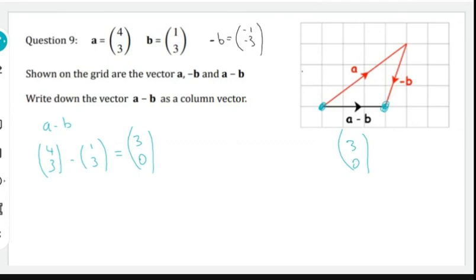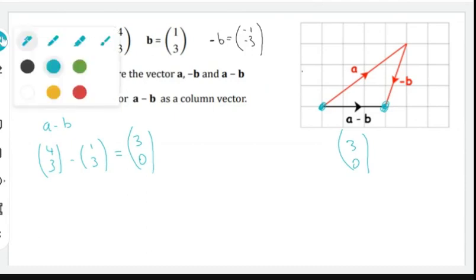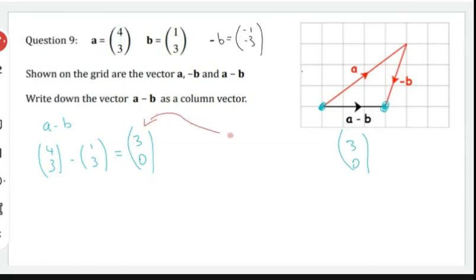Well, there's that, yes. But also notice how A minus B got us an answer of 3, 0, but when you just looked at it, that was also 3, 0. Same answers. Yeah.